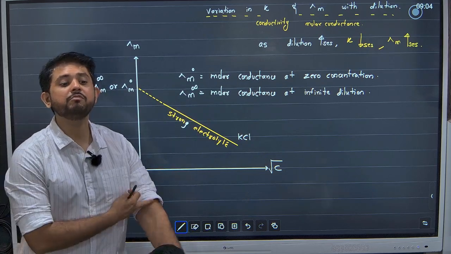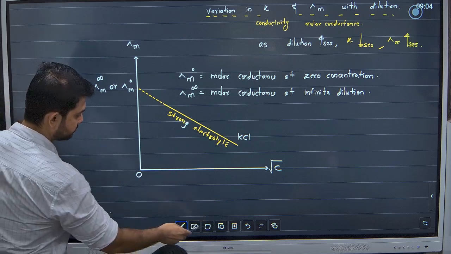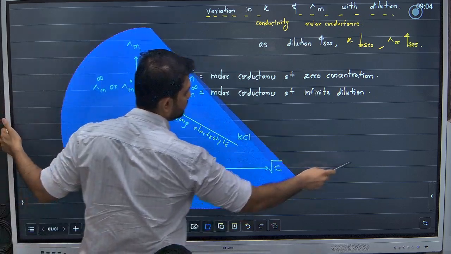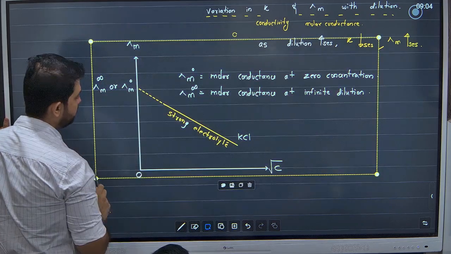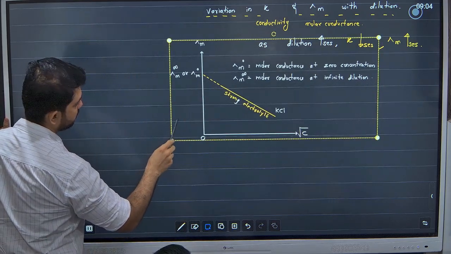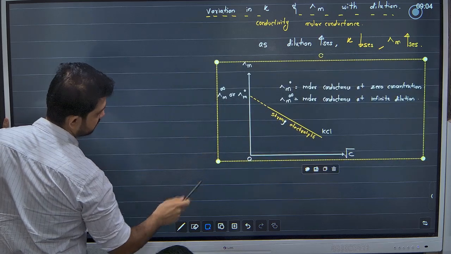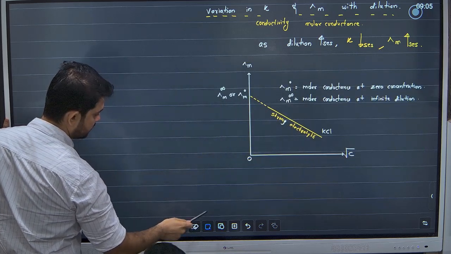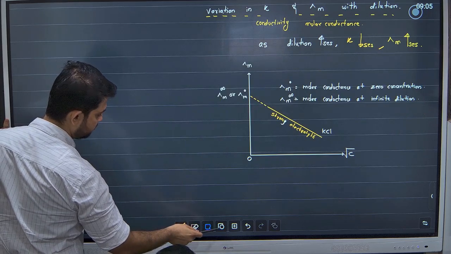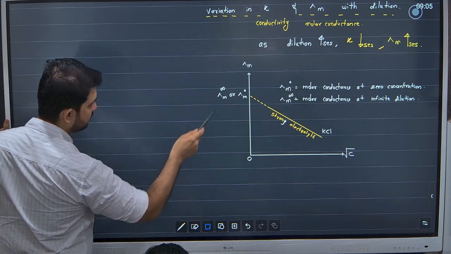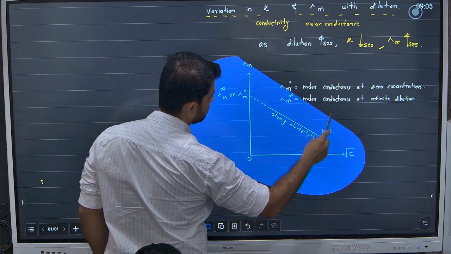But what if we have a weak electrolyte? I repeat, how will the plot look like if we have a weak electrolyte? क्या difference आएगा people plot में if we have a weak electrolyte?